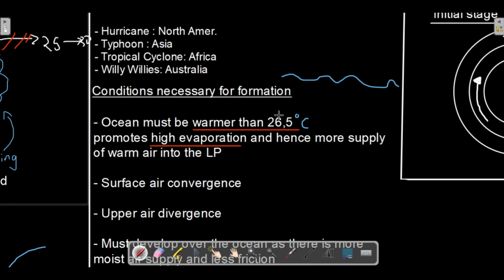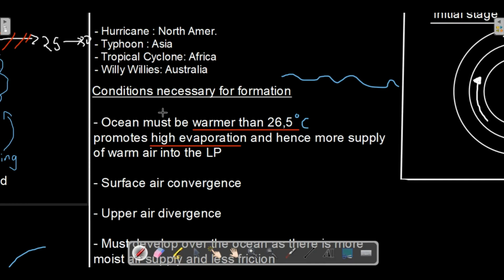Now, the textbooks have different values. Just confirm with your teacher which temperature you are required to know. But I really believe that it is 26.5 degrees Celsius. Some say it's 27, and so on.